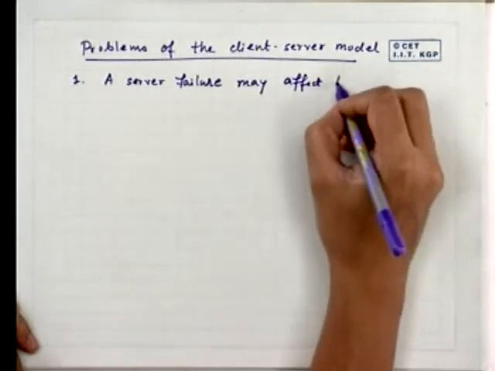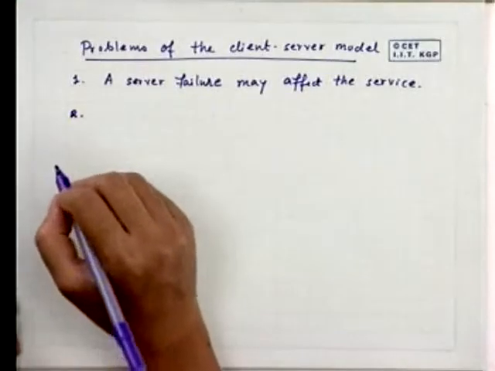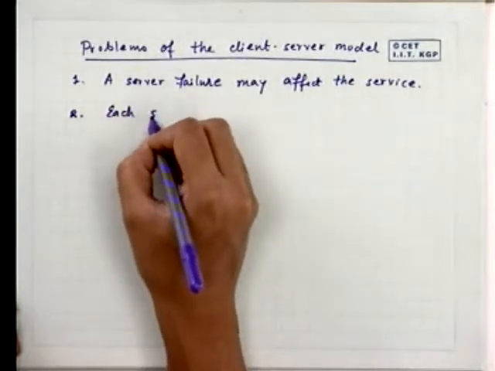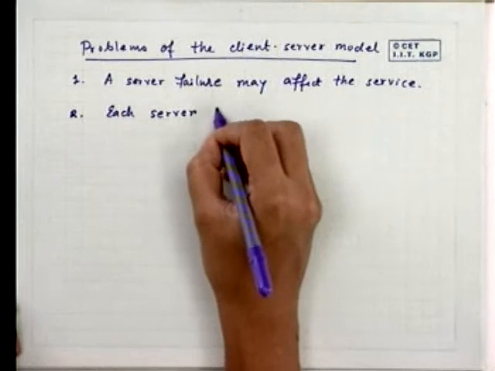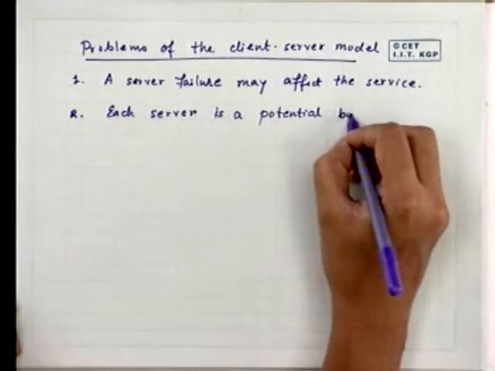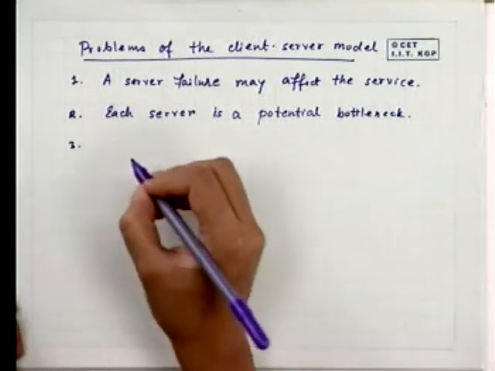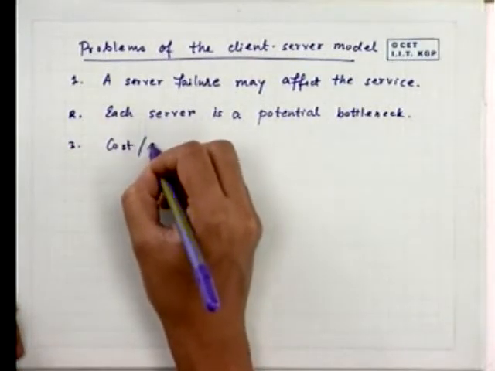This is because the control of individual resources is centralized in a single server. So if that server fails, there will be a lot of problems. Secondly, each server is a potential bottleneck. Each server can be connected to a large number of client machines, and it may provide a bottleneck to the client systems. Thirdly, there is a cost and reliability trade-off involved.